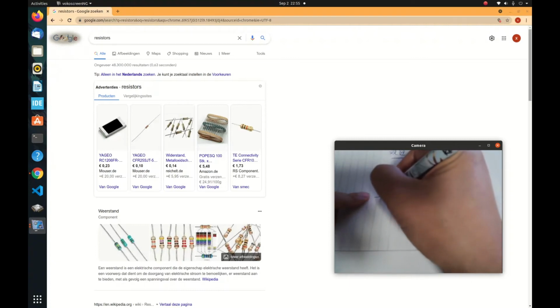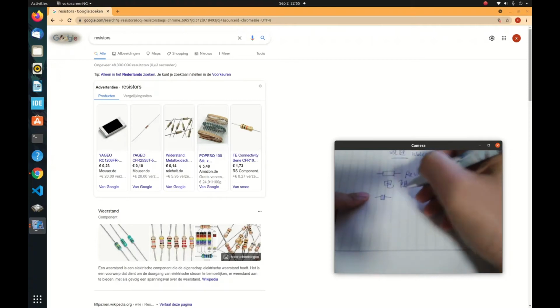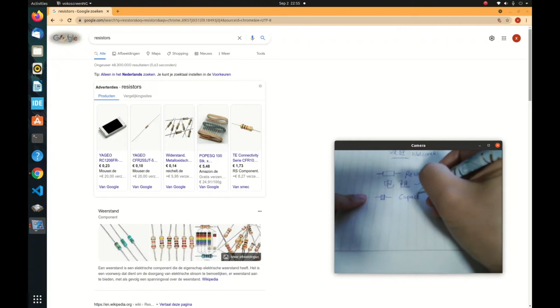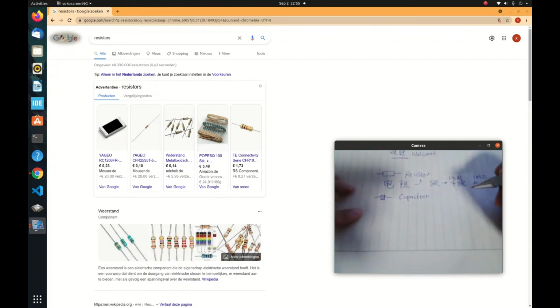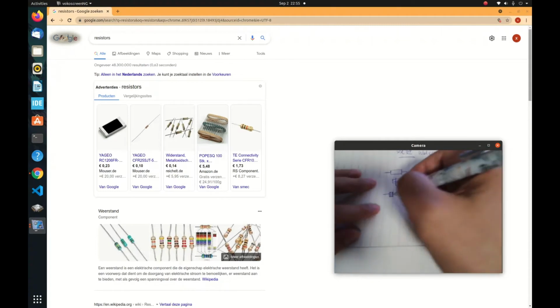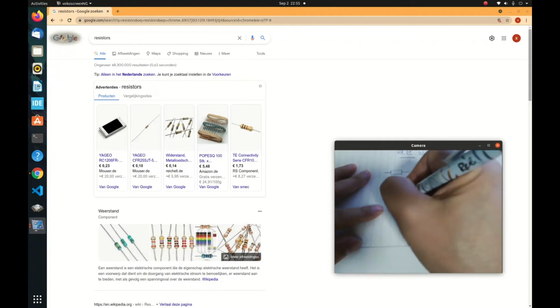So let's put the sample here. So this is a capacitor. To put the capacitor in Chinese, you have here.